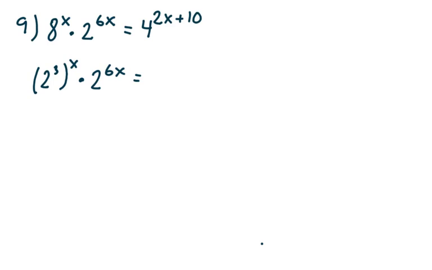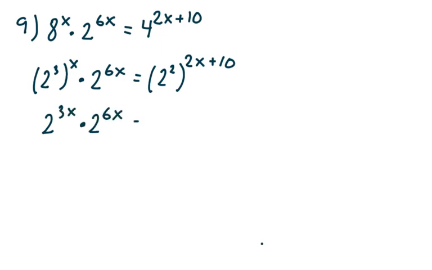And that's on the left side, equals 4 is 2 squared, raised to the 2x plus 10, like so. So 2 to the 3x times 2 to the 6x is equal to 2 raised to the 2 times 2x plus 10.